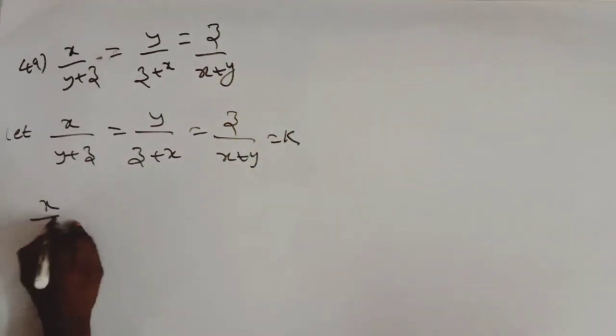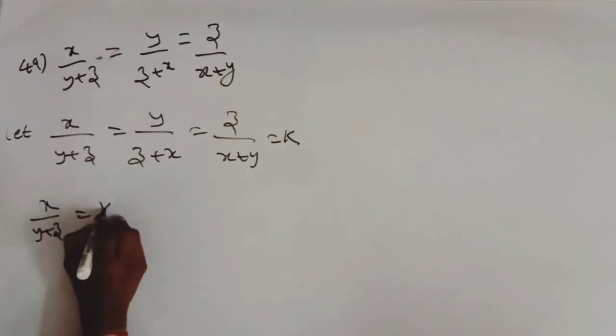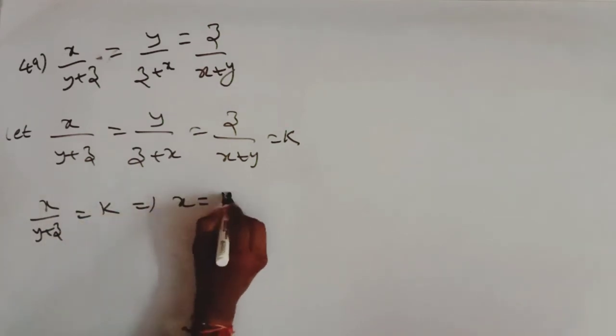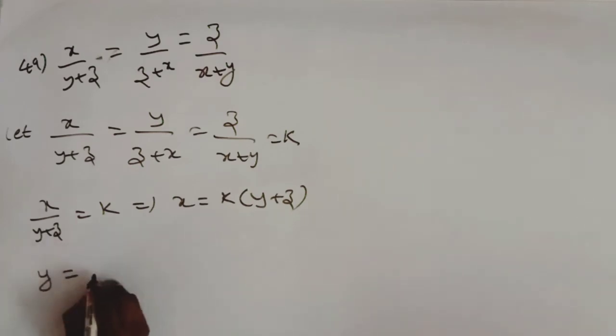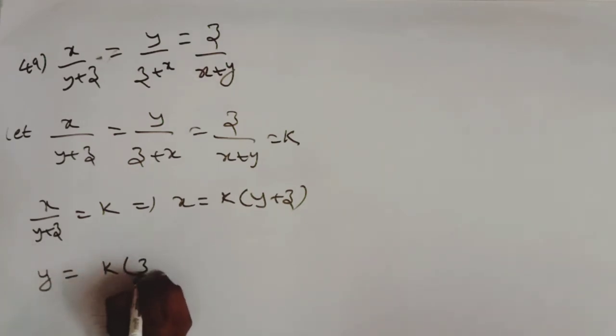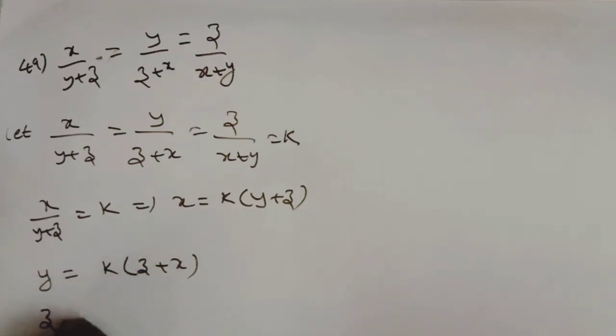Okay. Now x by y plus z is equal to k. Then that implies x is equal to k into y plus z. In the same way, y is equal to k into z plus x and z is equal to k into x plus y. These are the values we will get.